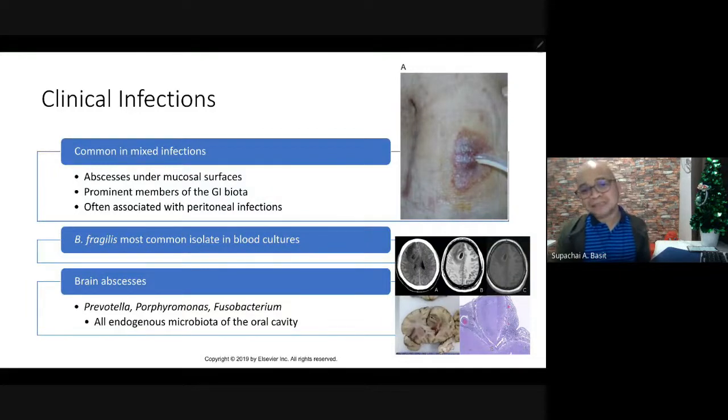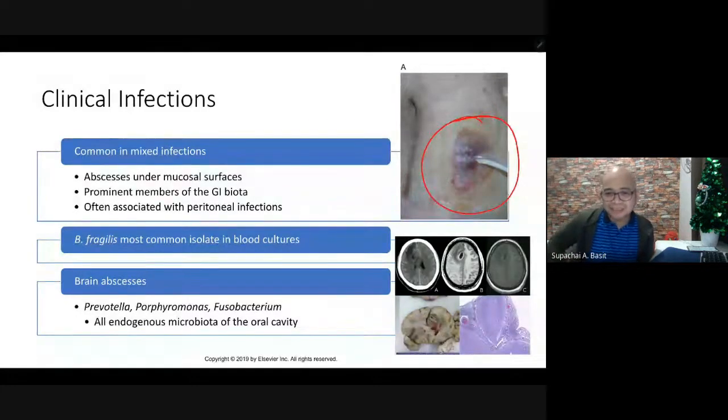They can cause mixed infections, meaning no particular specific infection, and they can be implicated in abscesses under the mucosal surface, such as in the oral cavity or prominent members of the GI biota, and some of them may be associated with peritoneal infection.